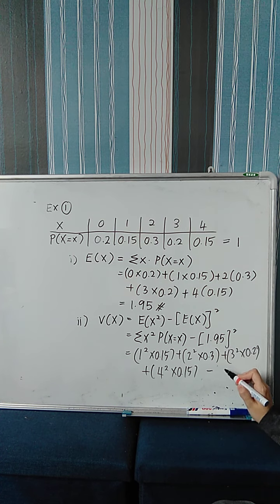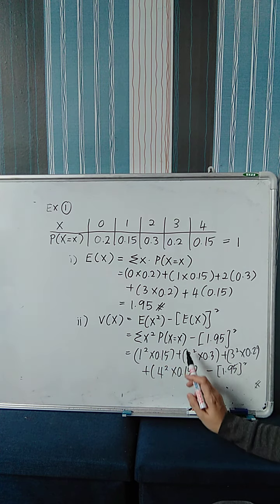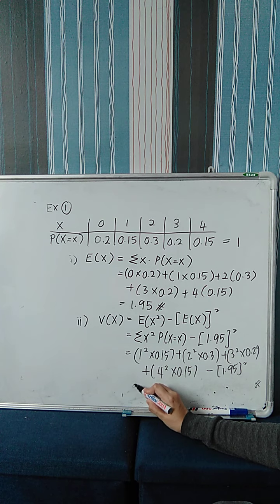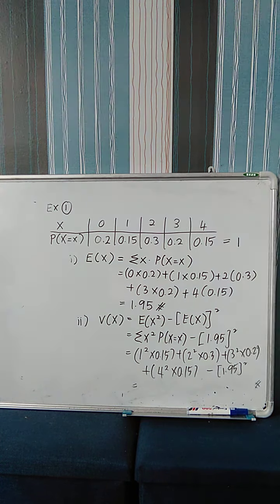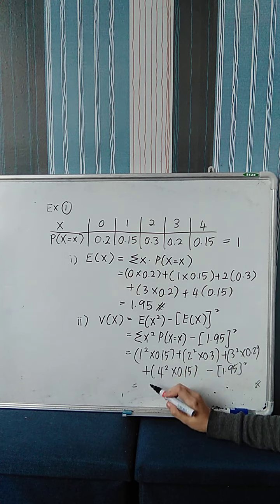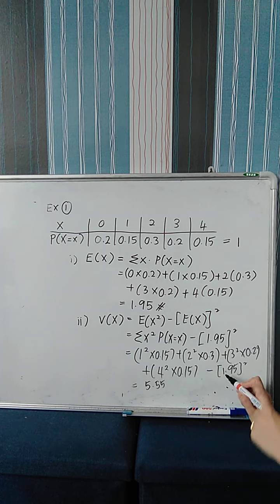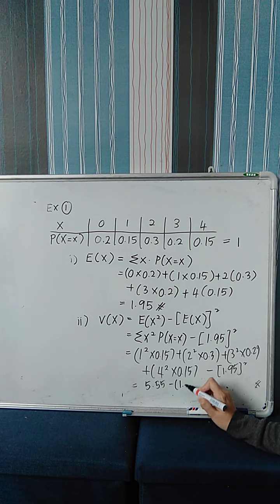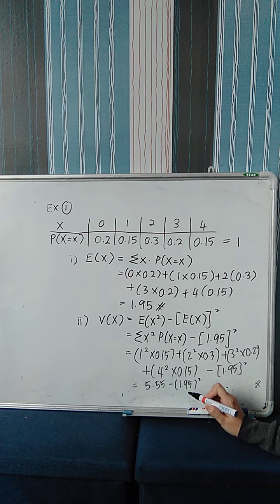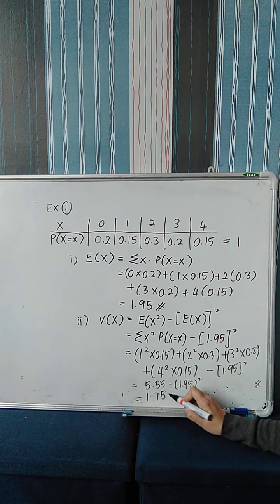And then don't forget to minus the value for expected x, 1.95 squared. So the total for the sum of x squared P(x) here is 5.55. And then you minus the value of 1.95 squared here. The final answer for your variance must be equal to 1.75.